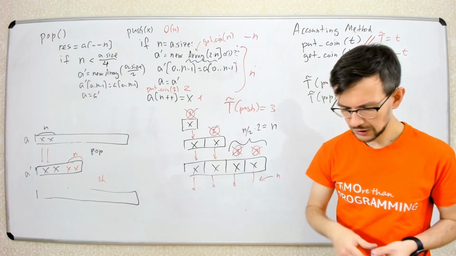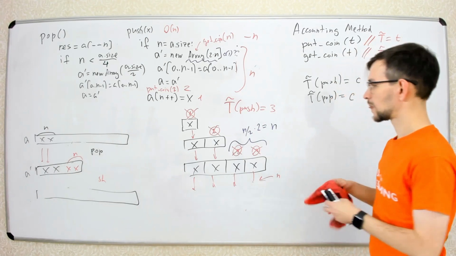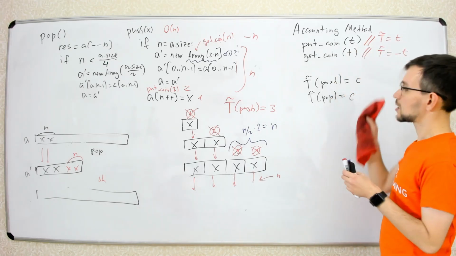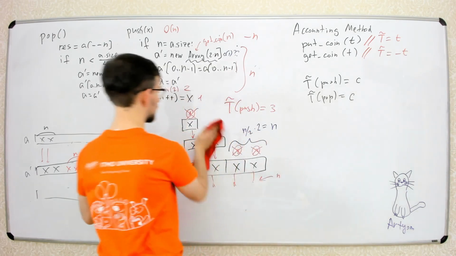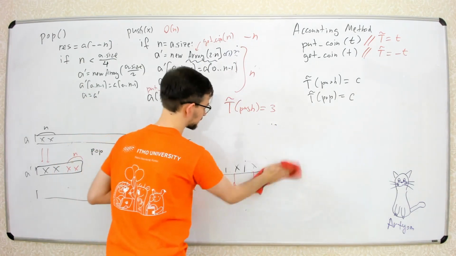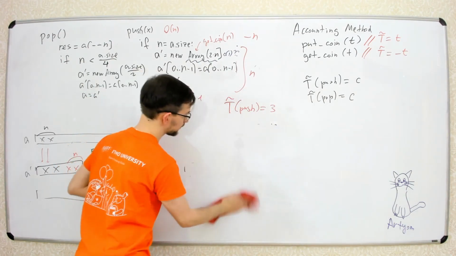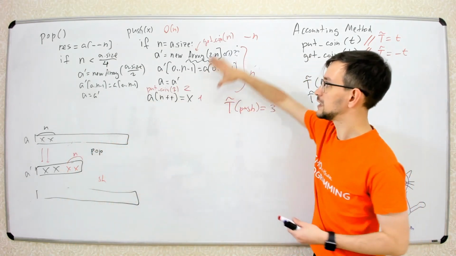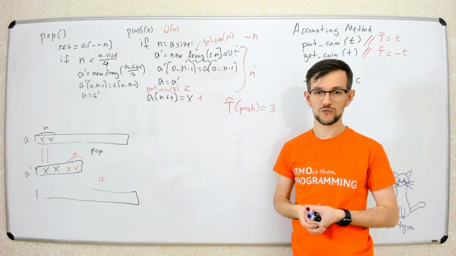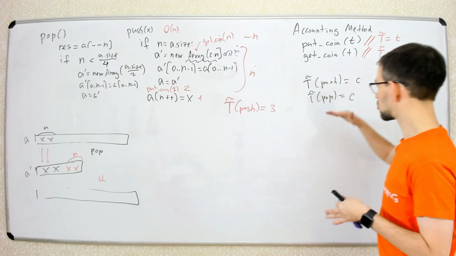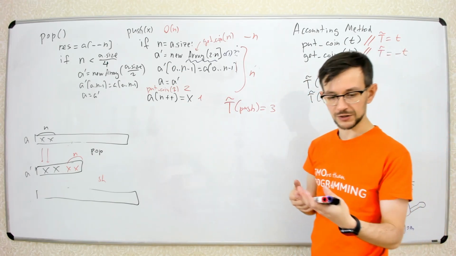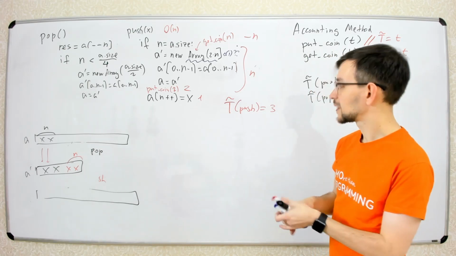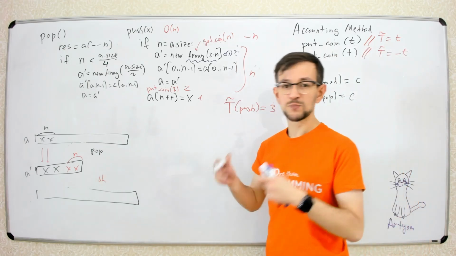Let's analyze it using the coins. How to analyze it using the accounting method? Let's prove that if we have these two functions, the amortized cost of both functions will be constant. Again, let's put coins somewhere.